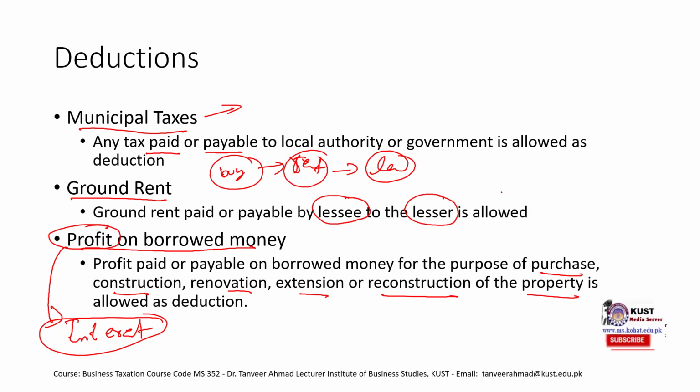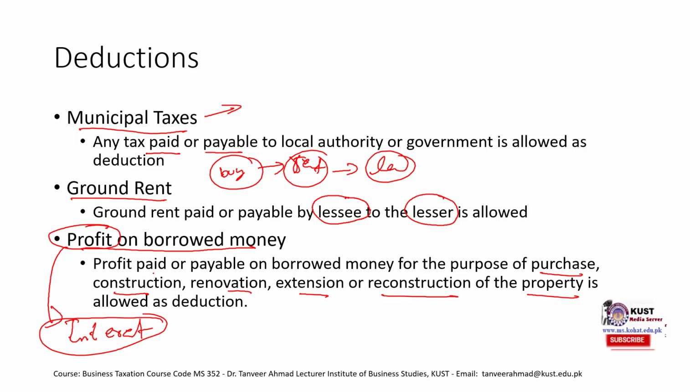So let us say company is going to purchase certain property and they have borrowed a certain amount from a bank, and they are going to pay certain interest each month or each year on that property. Then they are allowed to deduct that interest amount. Remember, just the interest amount from the rent before paying the taxes.